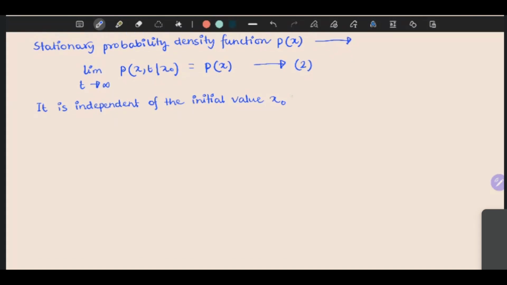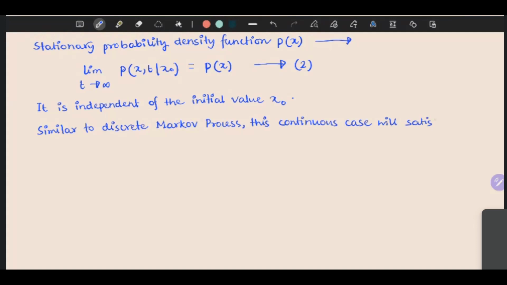So now, similar to the discrete Markov process, this continuous case will satisfy the Chapman-Kolmogorov equation.